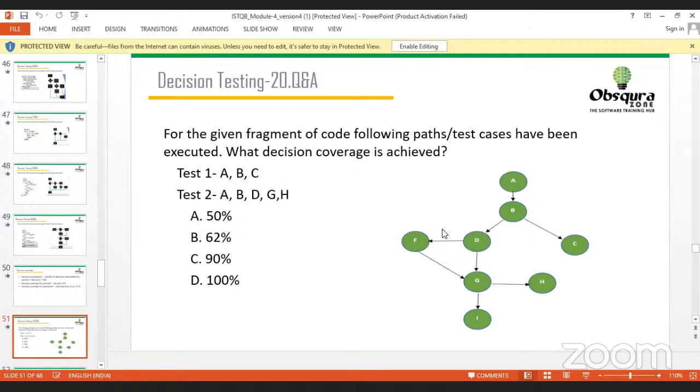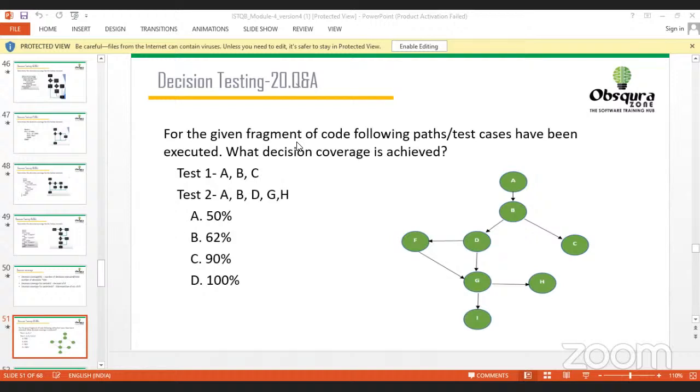Now D, G is another arrow, that is 2. And G, H is another arrow, that is 3. So 1, 2, 3 and 1, 2. So it will be 2 plus 3, 5. 5 divided by 8, that will be 62%. Everyone, is it clear? B is the correct answer.